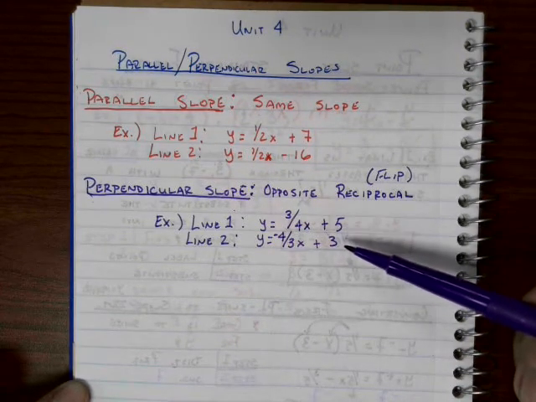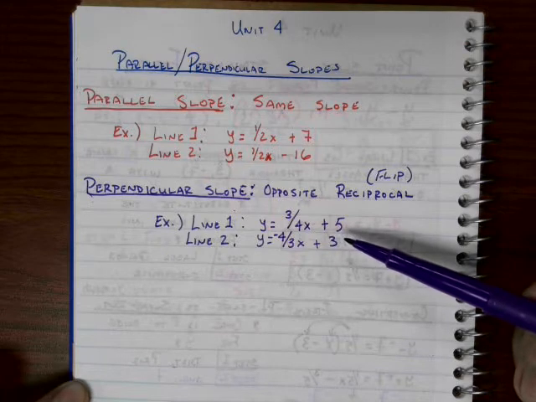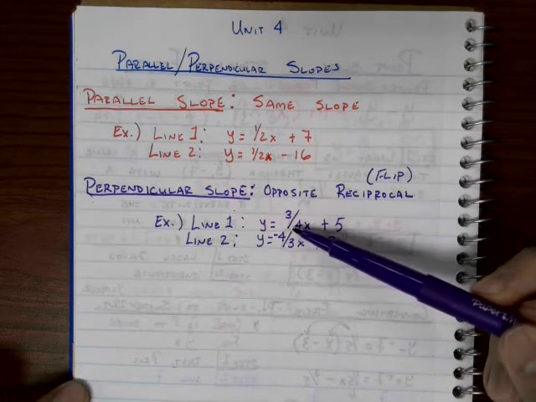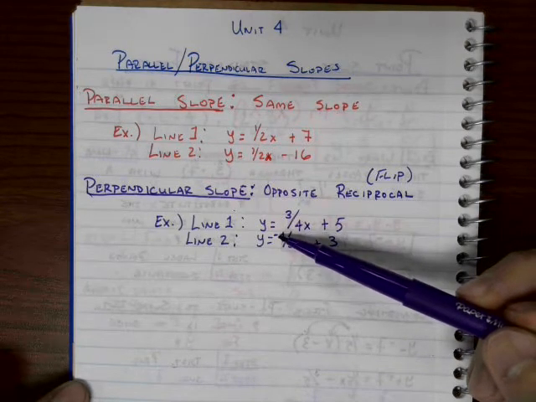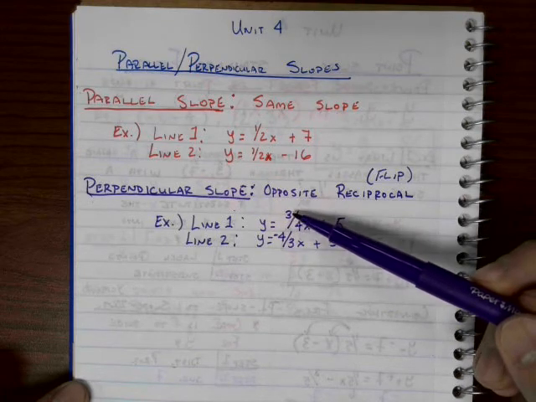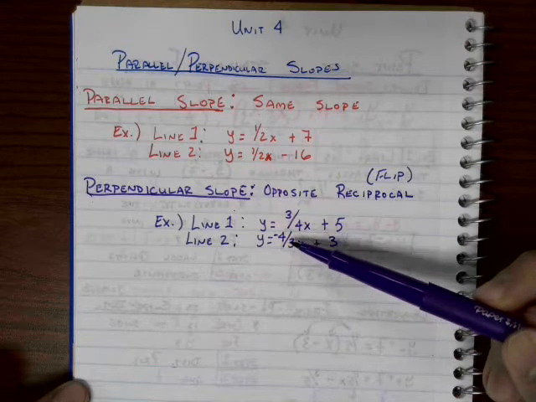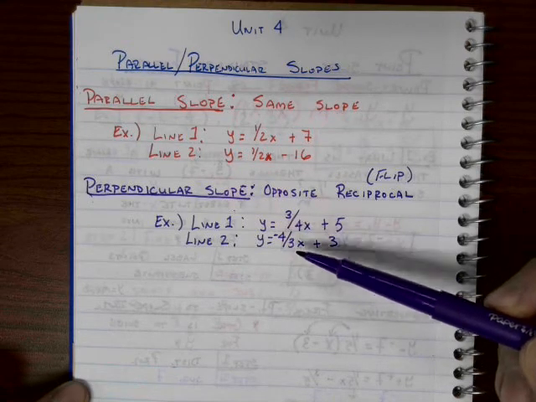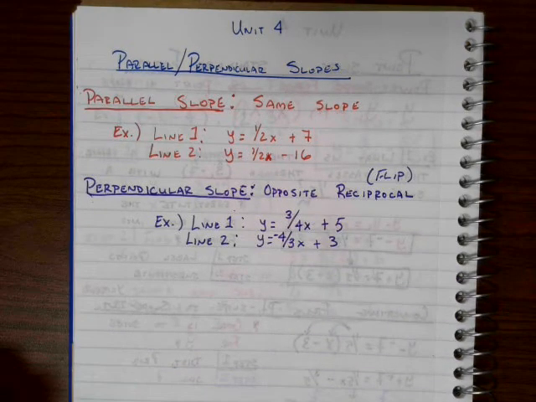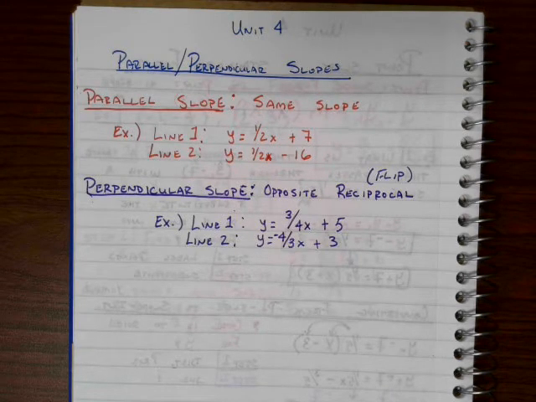These lines would have perpendicular slope because they're the opposite. This is positive, this is negative. The reciprocal, this one's 3/4, the reciprocal would be 4/3. Okay, so if it's opposite flipped, then they are perpendicular. All right, so parallel lines have the same slope. Perpendicular lines have the opposite reciprocal.